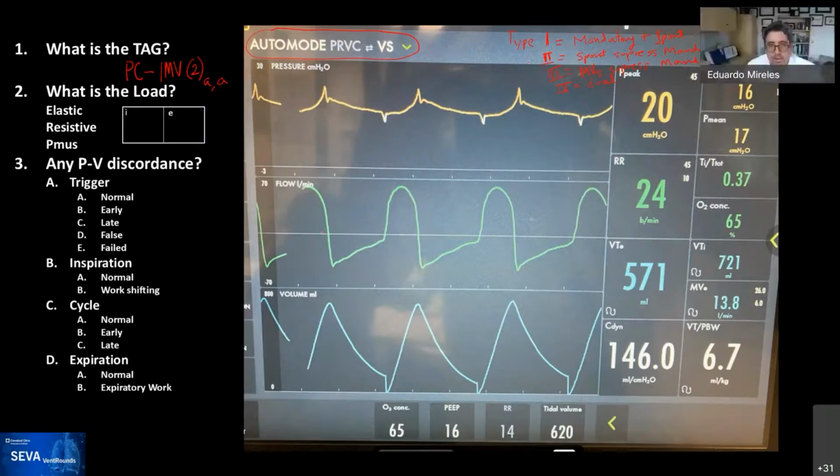Thank you, Rob. I would highlight that this type 2, obviously, like any mode of mechanical ventilation, can be implemented with the algorithm in different ways. So for this mode, auto mode, the spontaneous rate will suppress the mandatory. And then there's a setting, and I'm still not entirely clear about this, called the apnea time.